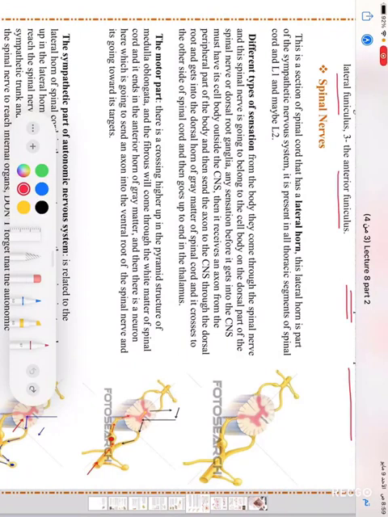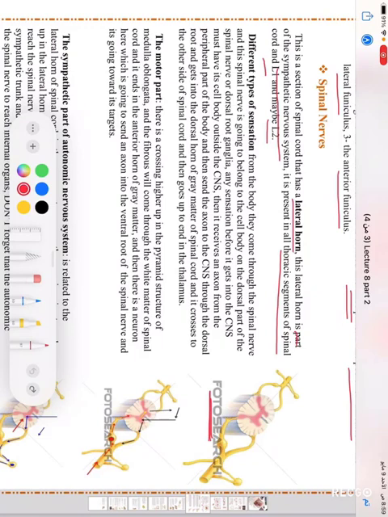After we finish talking about the spinal cord in general, the internal and external features, now we want to talk about the spinal nerve in more detail. Okay, this is a section of the spinal cord that has a lateral horn. This lateral horn is part of the sympathetic nervous system.